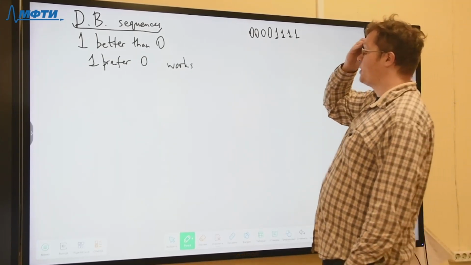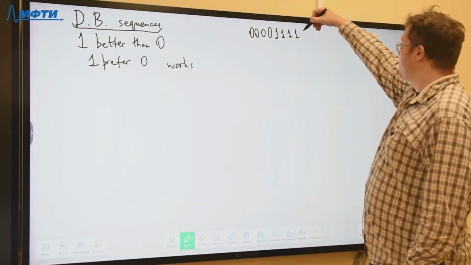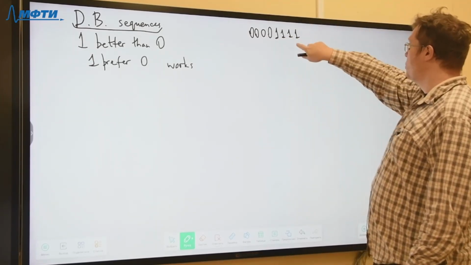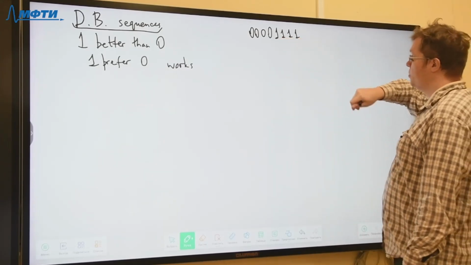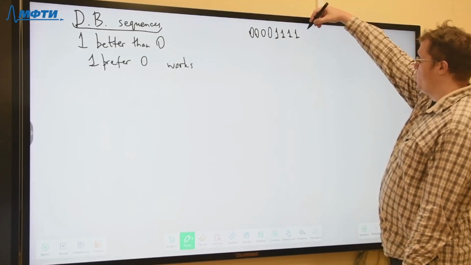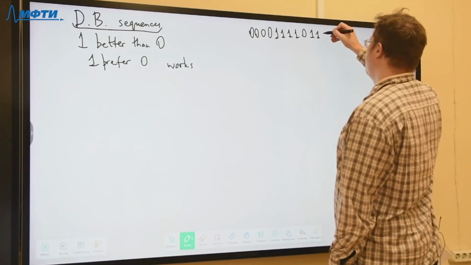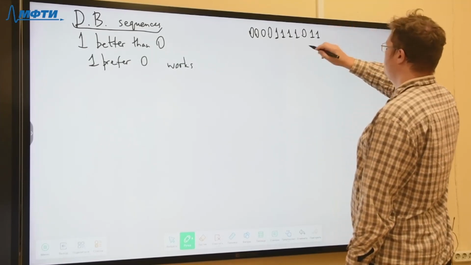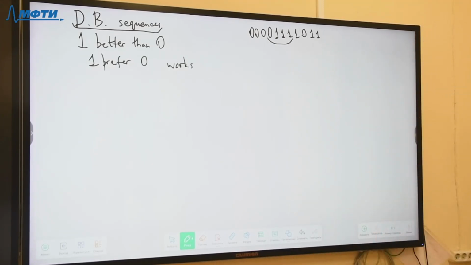So for example, if we start with 4 zeros, then we write 4 ones. The new one is not good because the subsequence of 4 ones will repeat. So we write 0, then 2 ones, because 3 ones would again repeat, as we already have zeros and 3 ones.